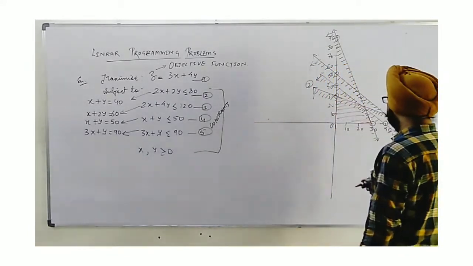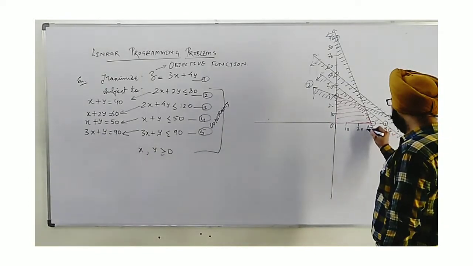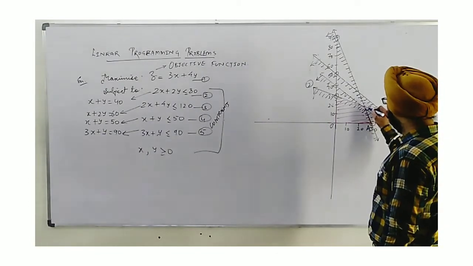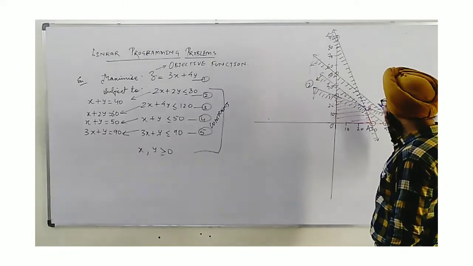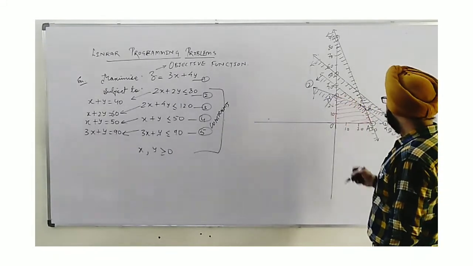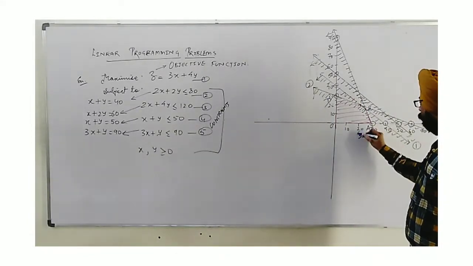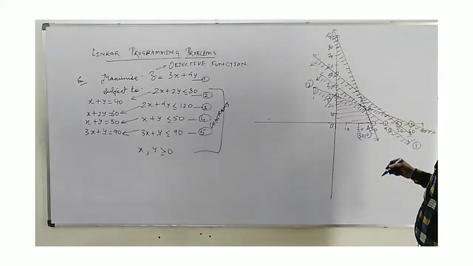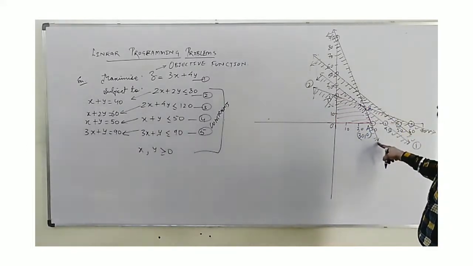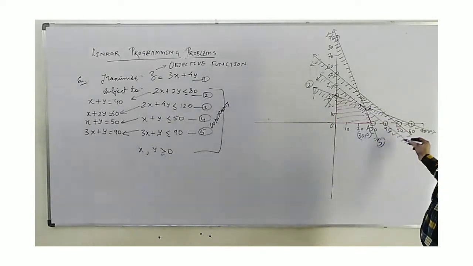This is one bounded region, and its corner points can be named as O. This is A. This we can say B. Here a very small line is there to show its side. Then is C. It comes to D, and their coordinates are 30, 0. B is the intersection of the last one, means fifth one, and the first.